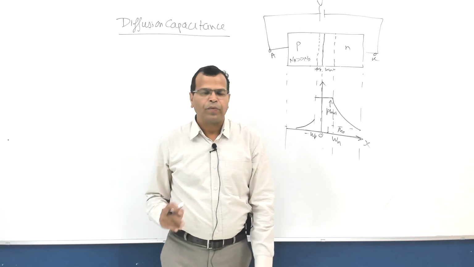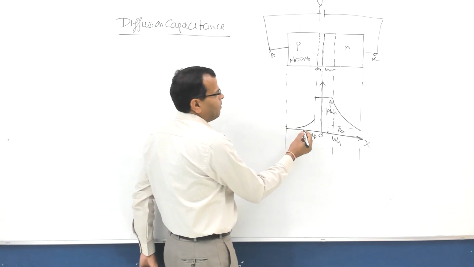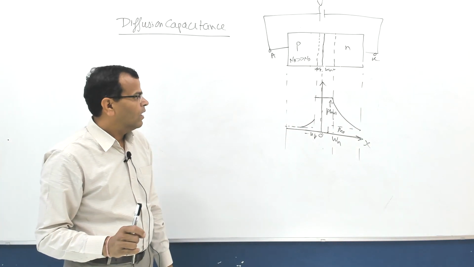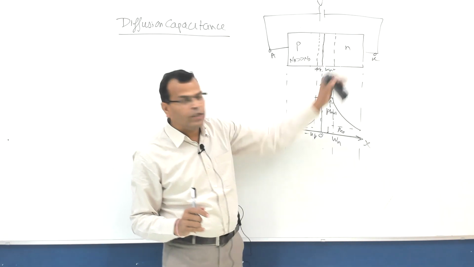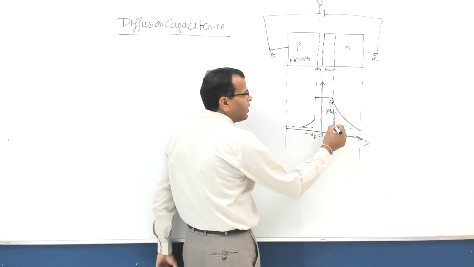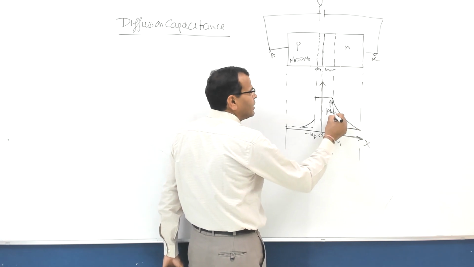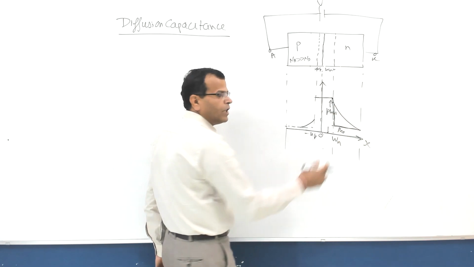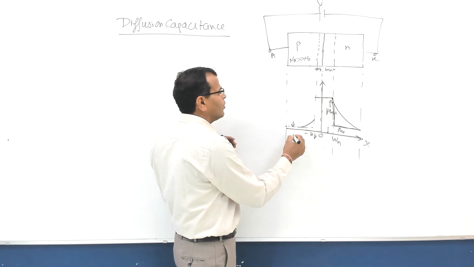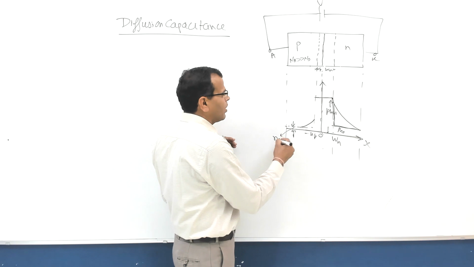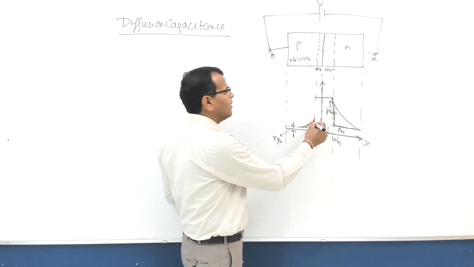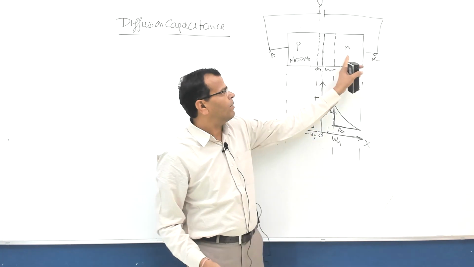Concept is clear? Similarly on this side, please do see one thing here. When holes are injected on this side, there is excess charge coming into the picture. The concentration at thermal equilibrium on the N side is Pn naught. The concentration of electrons on this side is nothing but Np naught. But there is additional concentration, which is nothing but additional charge carriers, additional electrons, coming from the N side.